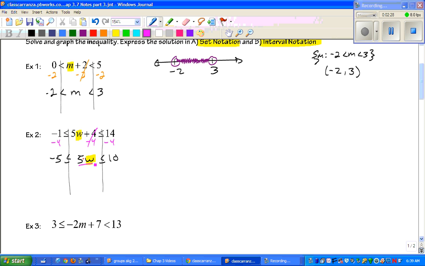So we have to get rid of multiplication by dividing. And we get negative 1 less than or equal to w less than or equal to 2. So our set notation, I apologize, is negative 1 less than or equal to w less than or equal to 2.